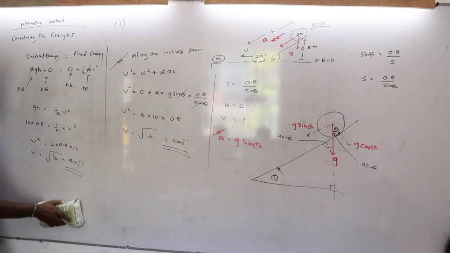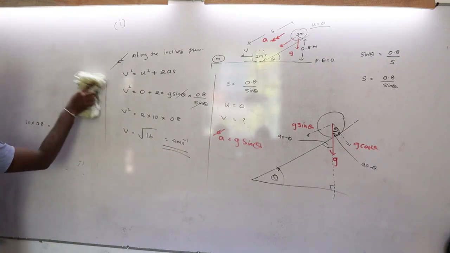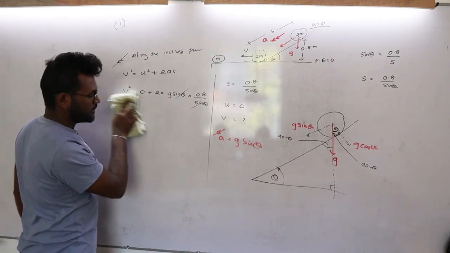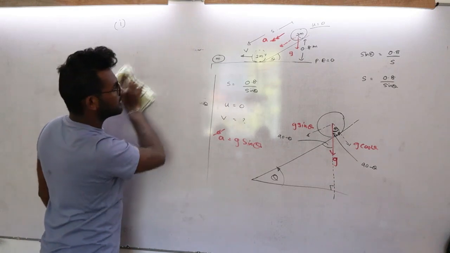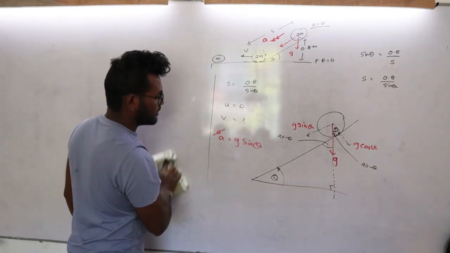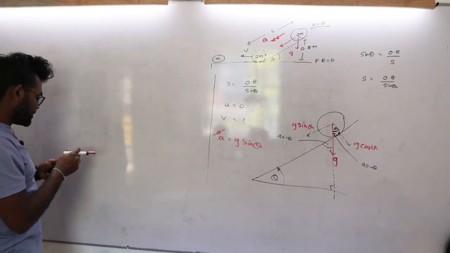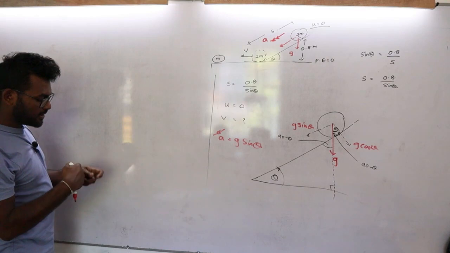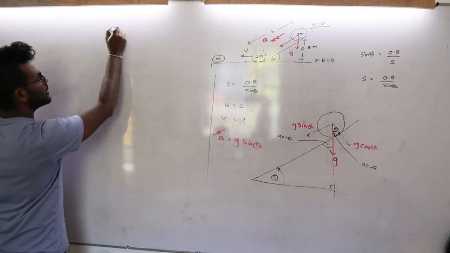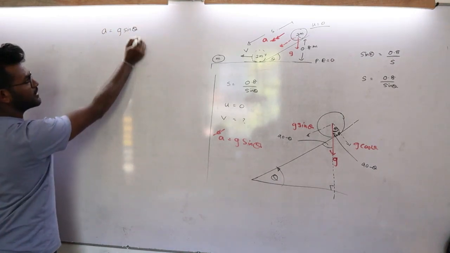Alright, moving to the next part. So the acceleration of this one along the plane has to be this, right? a is equal to g sine theta.